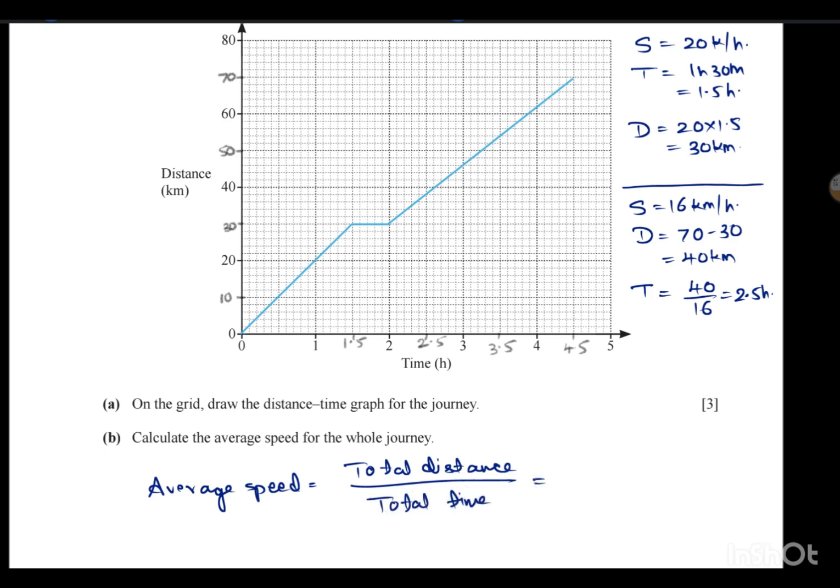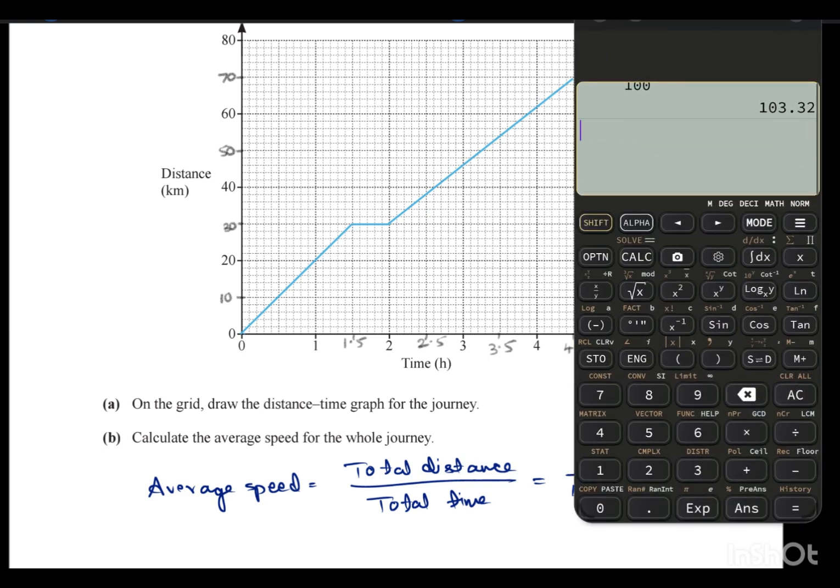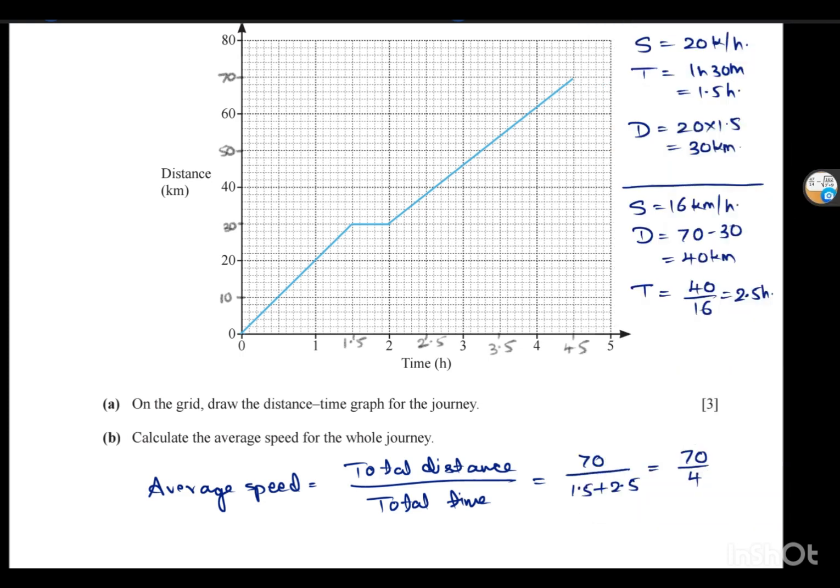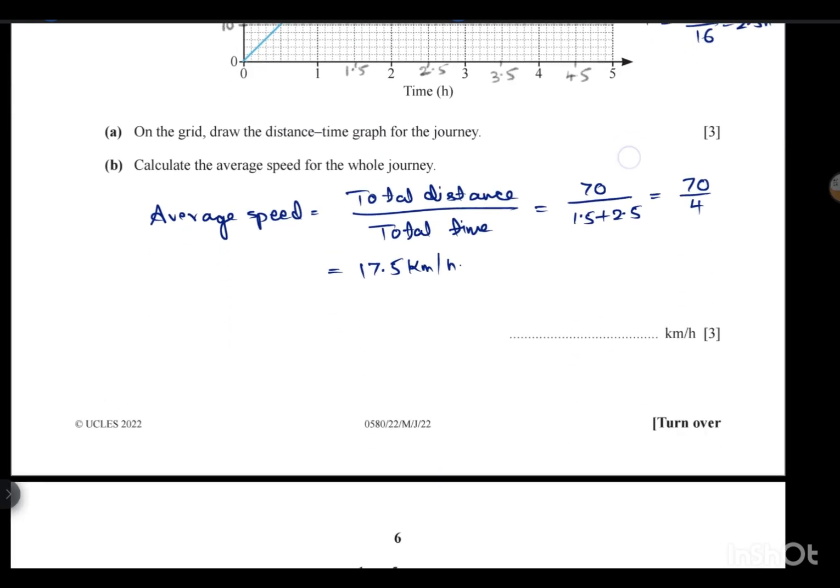So total distance will be 70, and the time taken will be first 1.5 hours, so 1.5 plus 1.5 plus 2.5. So it is 4, 70 by 4. Find out 70 by 4, 17.5. 17.5 kilometers per hour is the average speed.